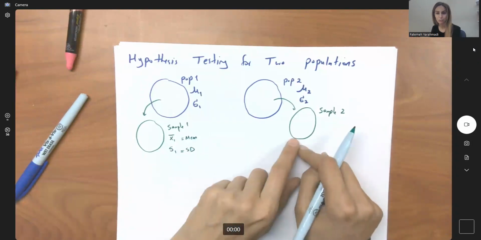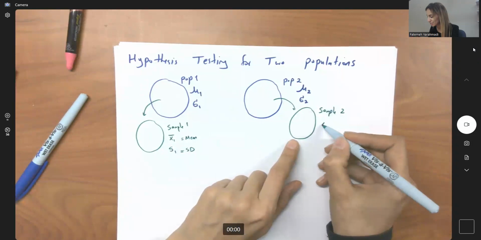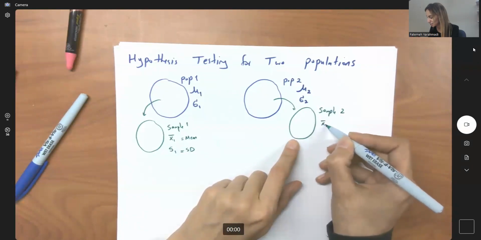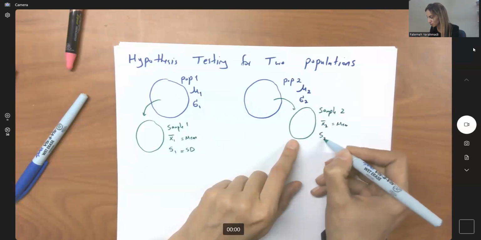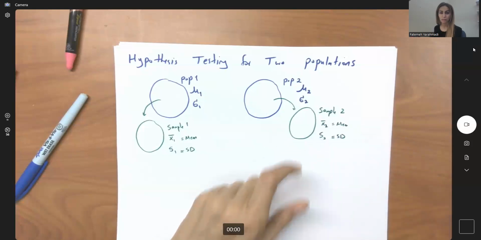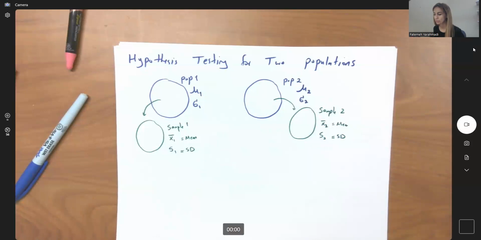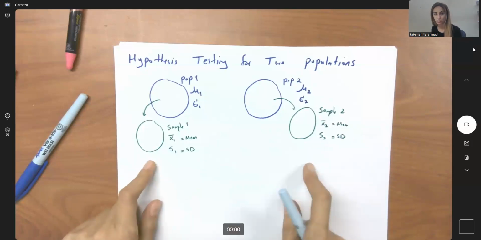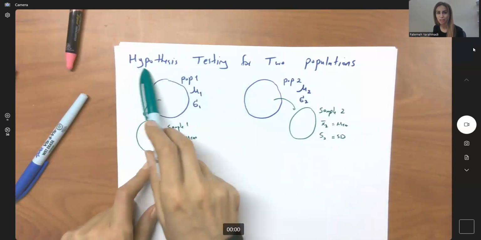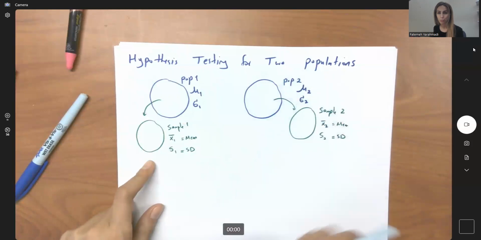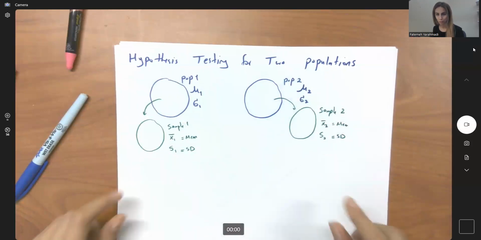For the second sample taken from the second population, you also can find its mean, x sub 2 bar, and also the standard deviation. Very good. So what are we going to do with these two pieces of information taken from population 1 and population 2? We can actually run and check hypothesis testing for two populations using two samples.